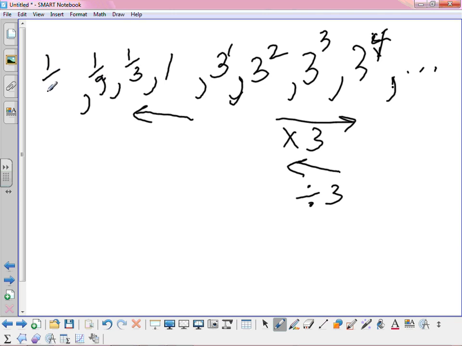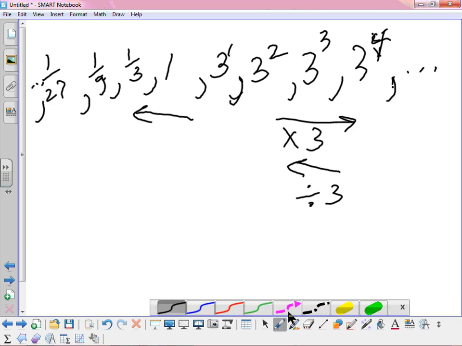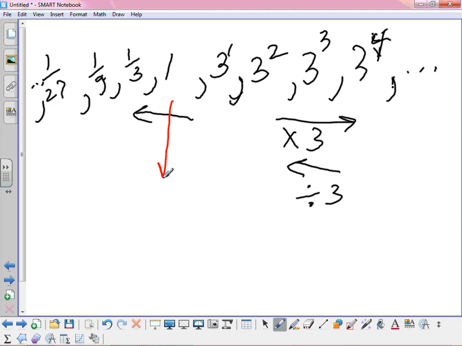So now I have this sequence of 3's where if I multiply by 3 I go up, if I divide by 3 I go down, right? So now we'll just use the same notation. This is 1, 2, 3, so this better be 0, 1, 2, 3, 4, right?